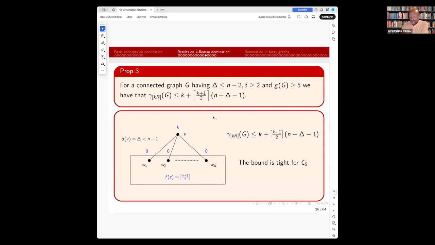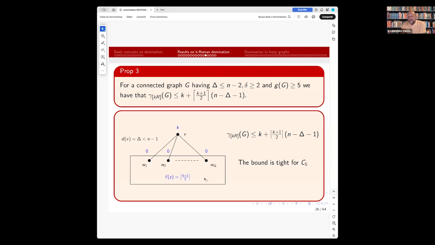In this case, we can reduce the label assigned to the vertex of maximum degree to k, and of course, we assign the 0 label to its neighbors, but we can also reduce the label that we assign to the remaining vertices to, broadly speaking, half of the previous case.